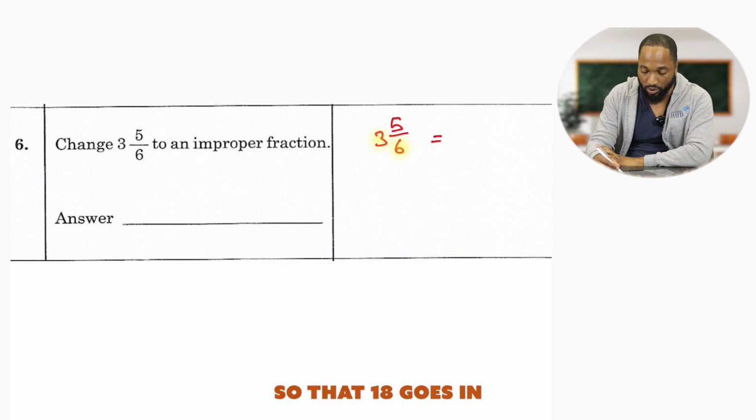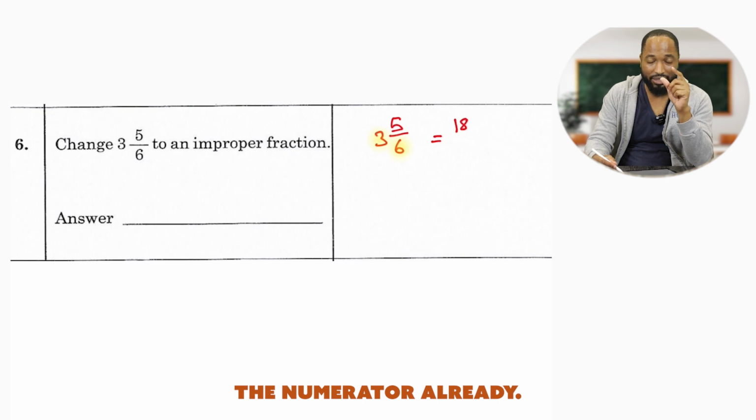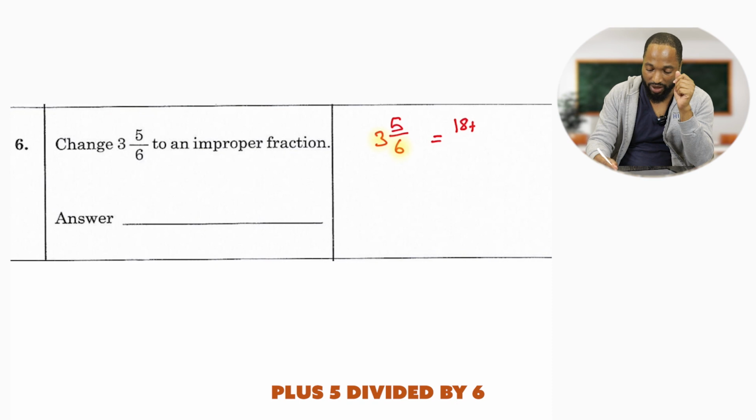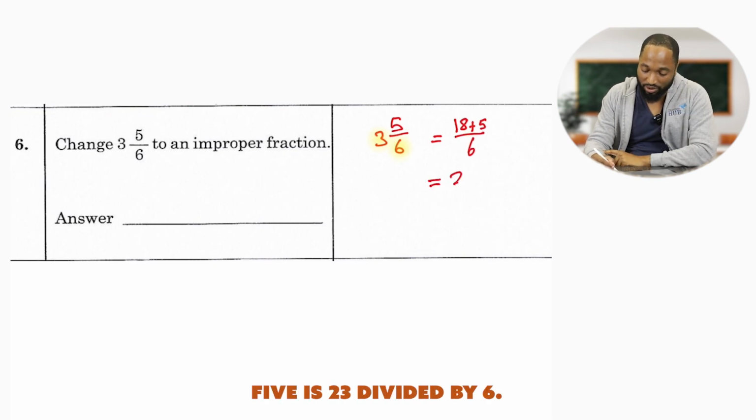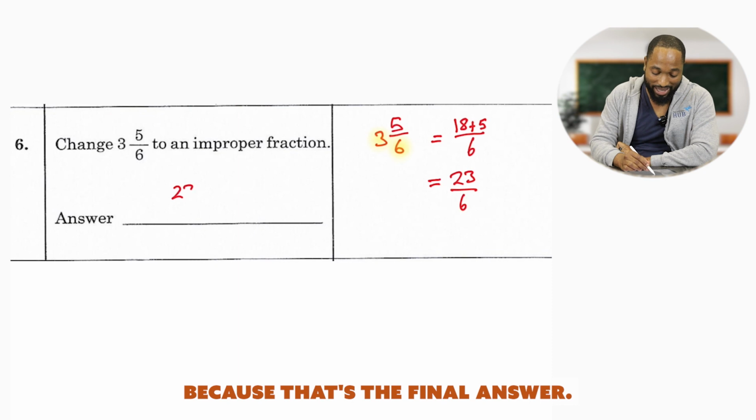That 18 goes in the numerator, but hold up, there was something in the numerator already. There was a 5. So it's really 18 plus 5 divided by 6. 18 plus 5 is 23 divided by 6. And then what you have to do is nothing, because that's the final answer.